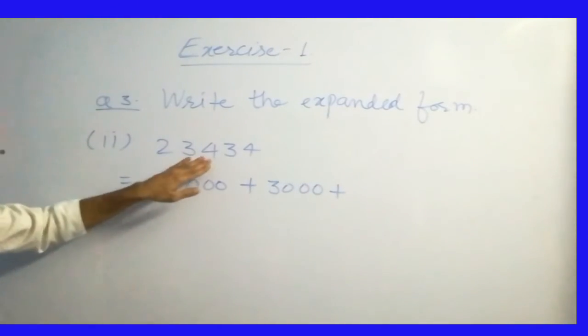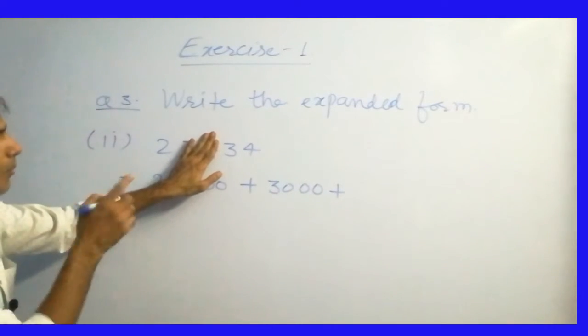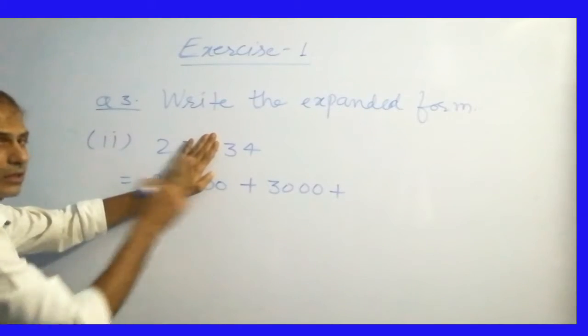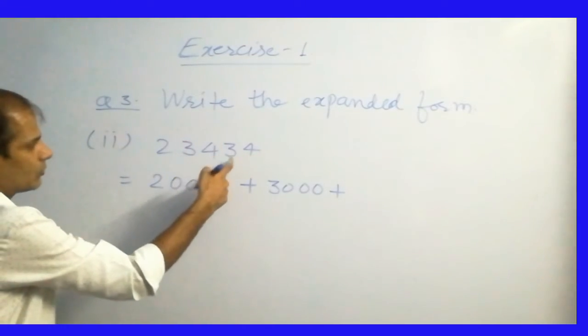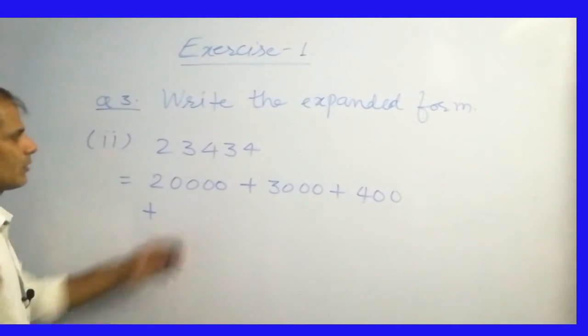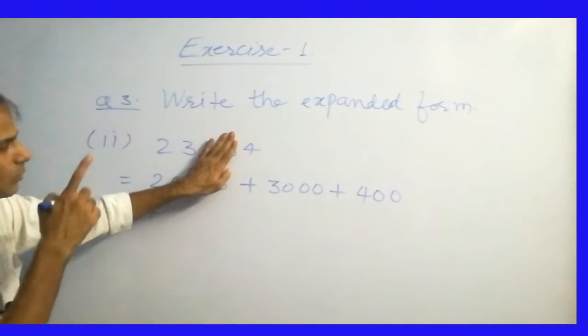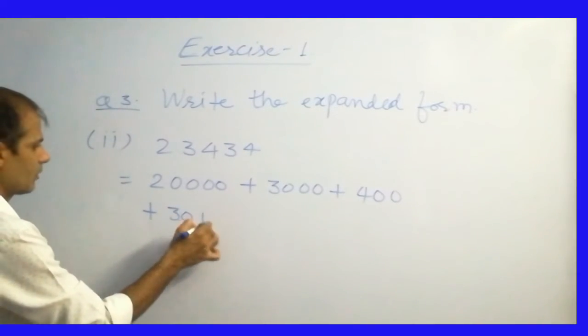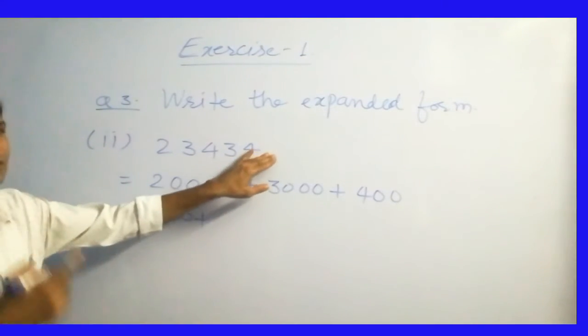Plus, then think about 4. How many digits after 4? 2 digits. So convert these into zeros. It means we write 4 0 0. Plus, consider 3. There is only 1 digit after 3. So we will write 3 0. And finally after 4 there is no 0.